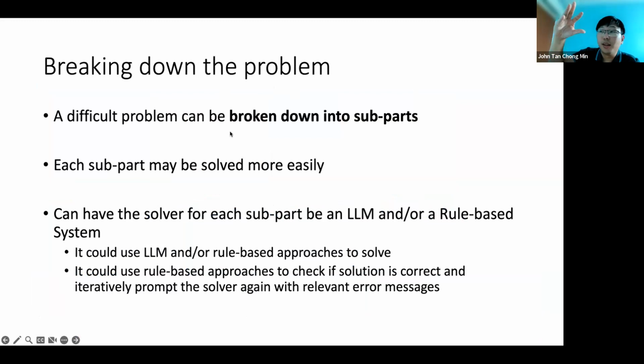For example, top up fuel for the car, a complicated problem. You can break it down into: find out the current location of the car, find out the location of the nearest fuel petrol station, and after that, do the navigation. So you can break things down into subparts in the hierarchy quite easily. Each subpart can be solved more easily.